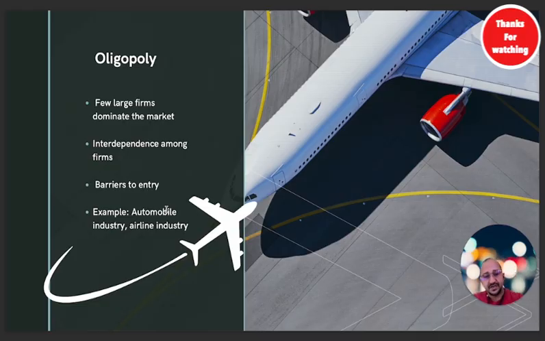If crude oil prices go up, the profit margins of the airline industry go down. So oligopoly is good, but oligopoly means there is dominance of three or four players who are ruling the entire market, and it's very difficult for a new entrant to enter that business.